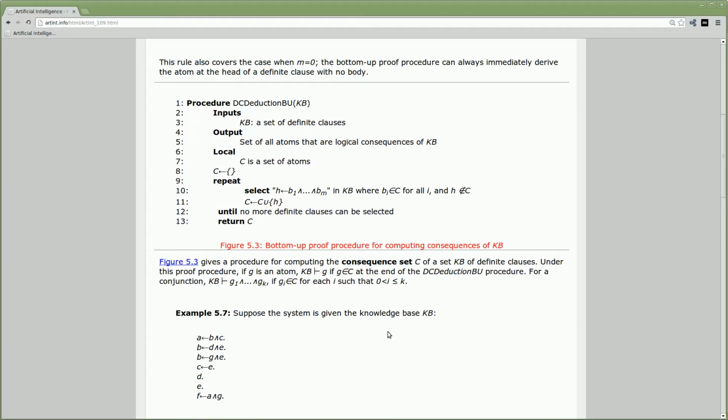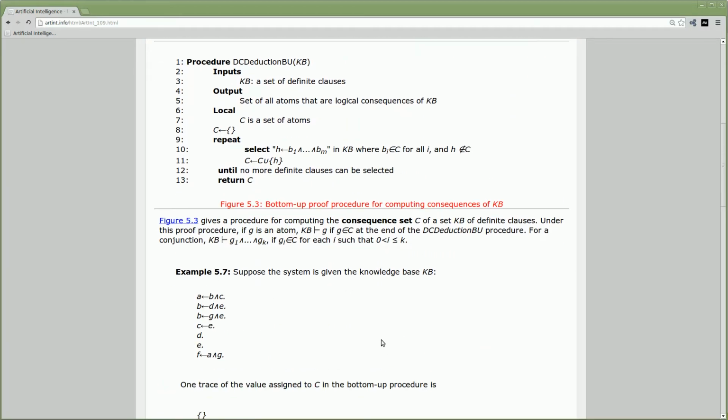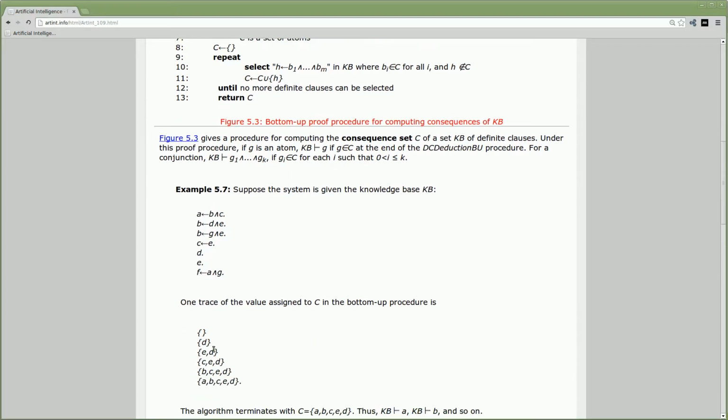Probably the easiest thing would be to think through this example a little bit. Here's the knowledge base. This algorithm always starts with this empty set of proven clauses, and then it starts working through the knowledge base, looking for axioms that allow us to prove a particular atom.